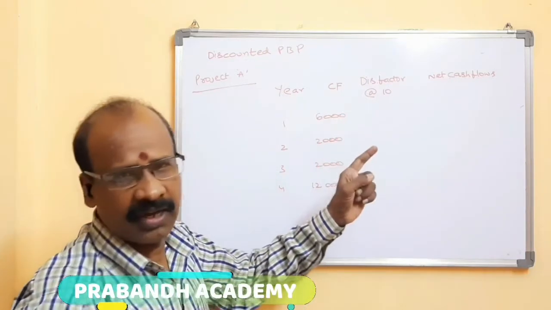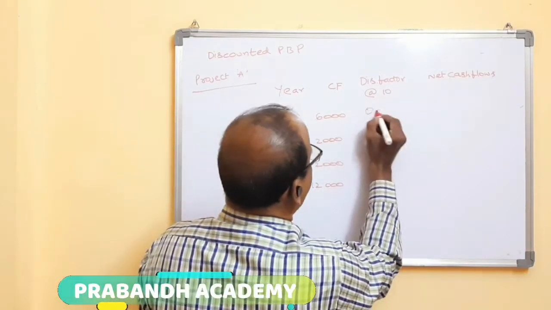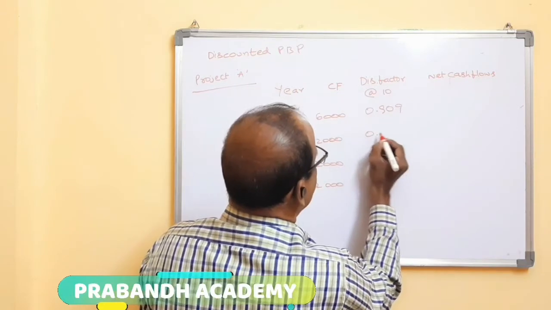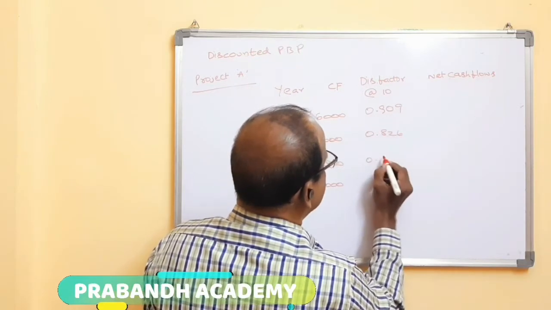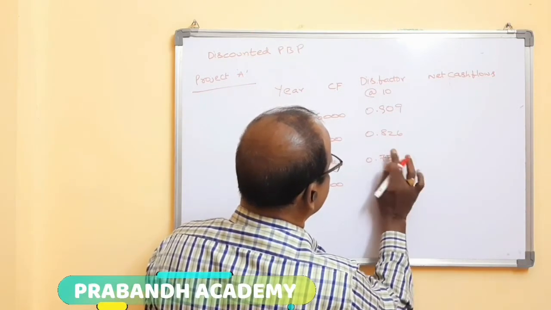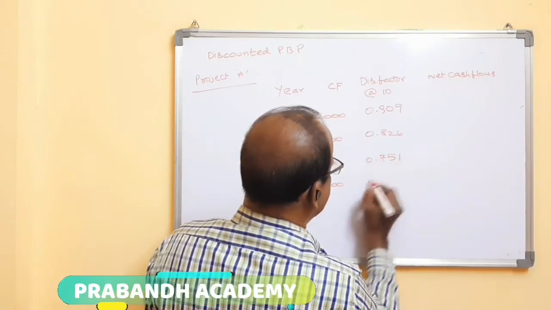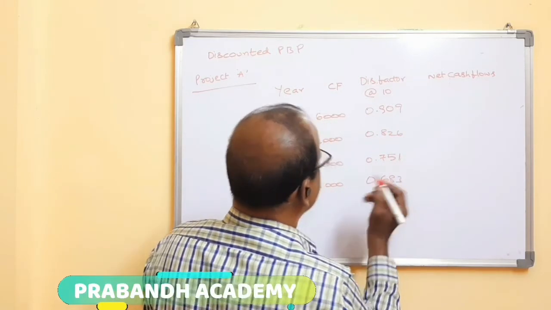Now you calculate discount factor 0.909, 0.826, 0.751, 0.683.